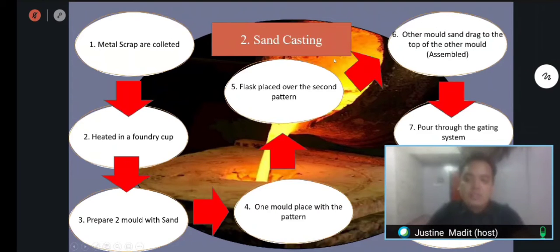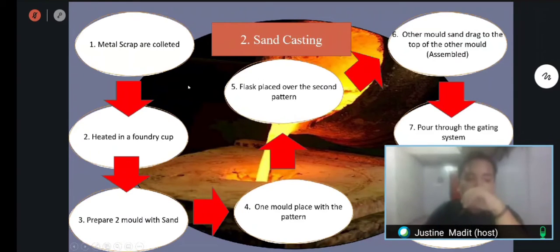The other sand is dragged to the top of the sand casting to eliminate empty space, so that there are closed spaces, and the only space remaining is the shape of the pattern itself.